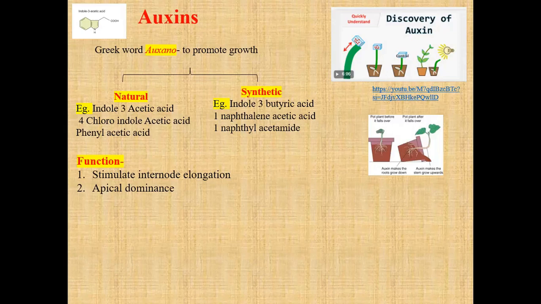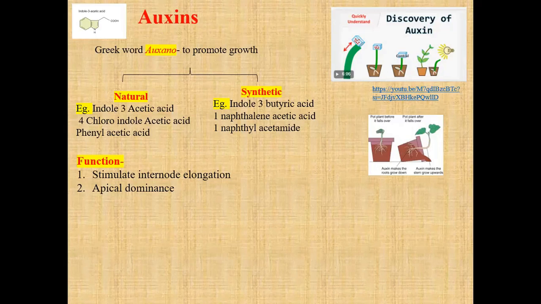Then there is apical dominance. Apical dominance means the apex region. The leaves present in the apical part, or the topmost part, contain a high percentage of auxin. So this portion is known as apical dominance.